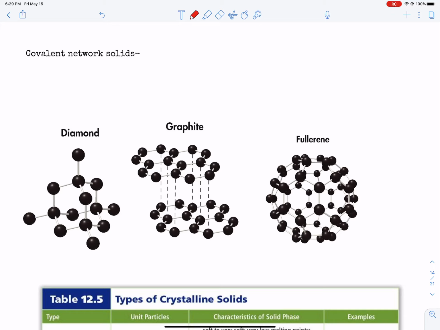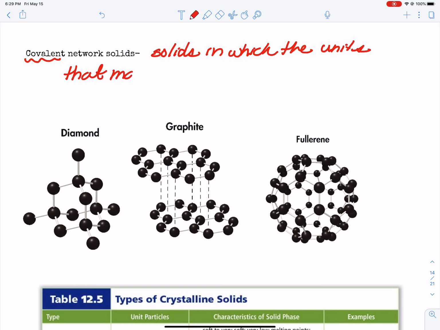Covalent network solids were the exception to this. These are solids in which the units that make up the three-dimensional network are joined by, you guessed it, covalent bonds. That's why it's called a network solid.